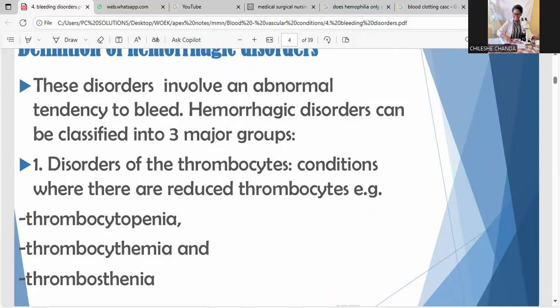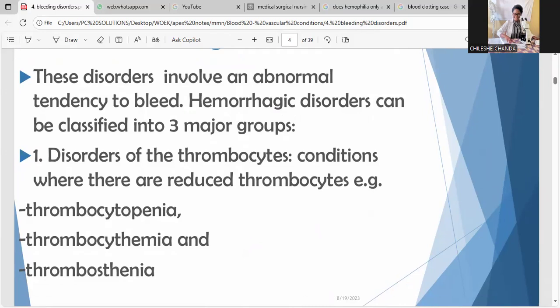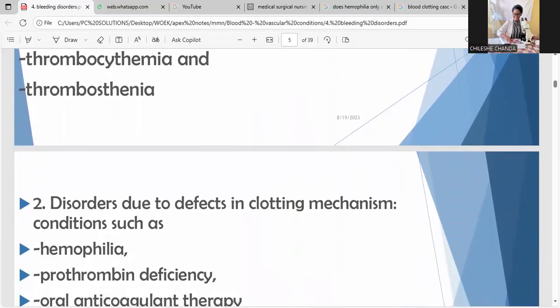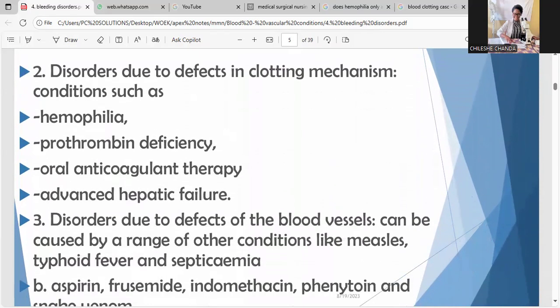The first is disorders of thrombocytes, meaning disorders of platelets. These include thrombocytopenia, thrombocythemia, and thrombosthenia. And then we have bleeding disorders which are due to defects in clotting mechanisms.